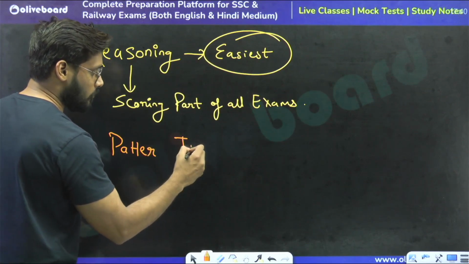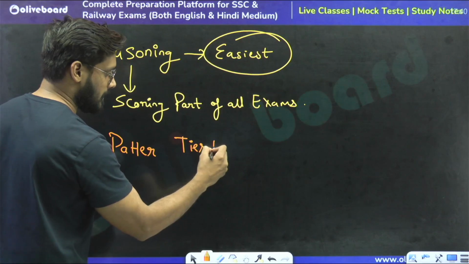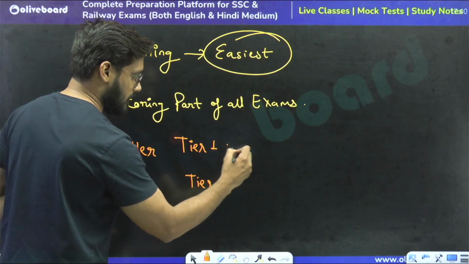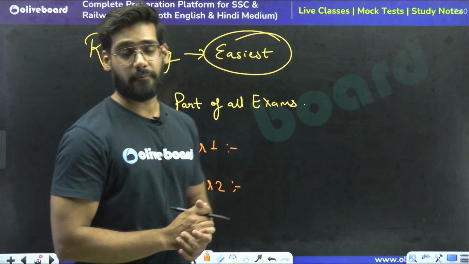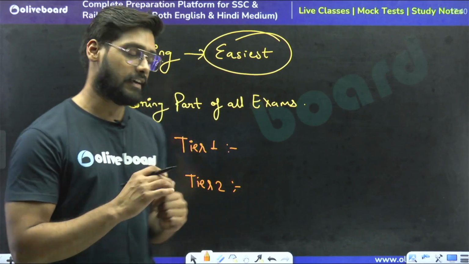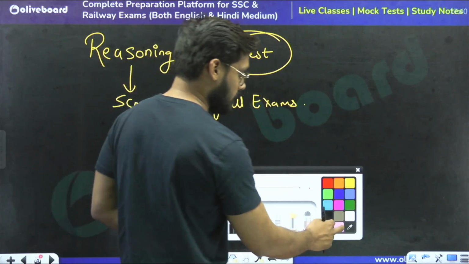There will be two exams, tier 1 and tier 2, for the CGL in the SSC exam. What is the weightage and the number of questions asked in tier 1 and tier 2? Let's understand this pattern as well.